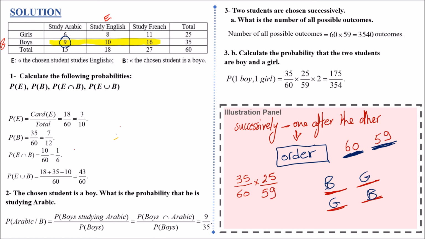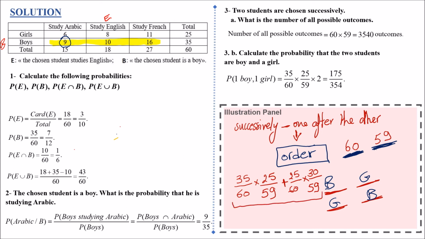So this is the first as a boy. Or the first one as a girl, so it is 25 over 60 times, or means a plus, sorry, times the second for boys, 35 boys over 59, so we will get the answer.